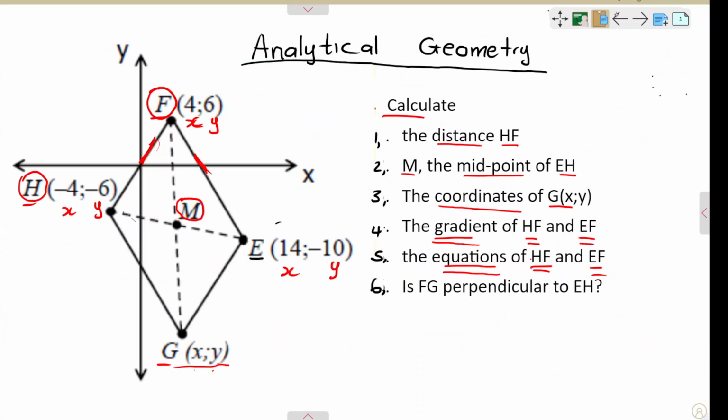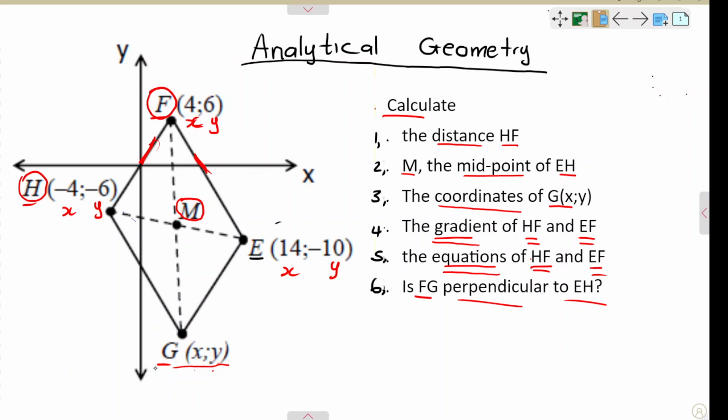We were required to find the equations of h and f. Now, the last one is asking: is FG perpendicular to EH? Is the line FG perpendicular to the line EH? So we have to prove if FG is perpendicular to EH. To prove this is easy.